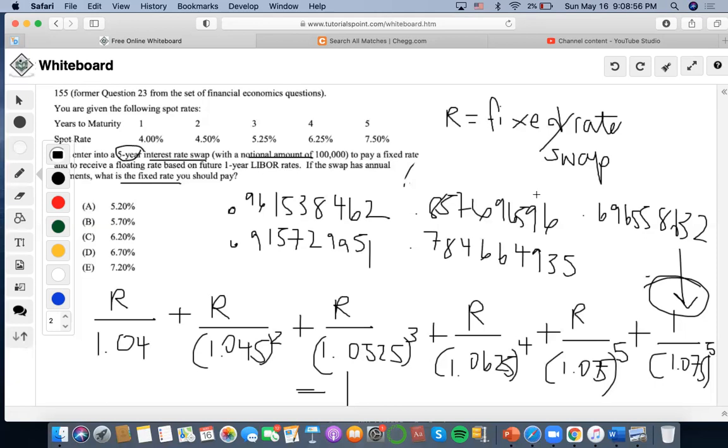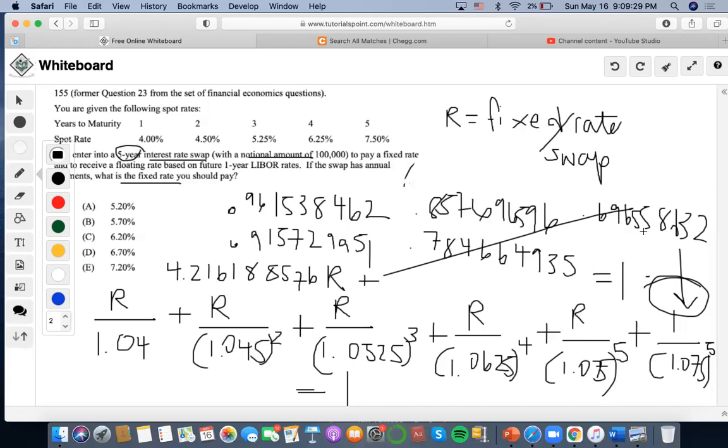So I'm going to get 4.216 R, plus this again, and then equal 1.